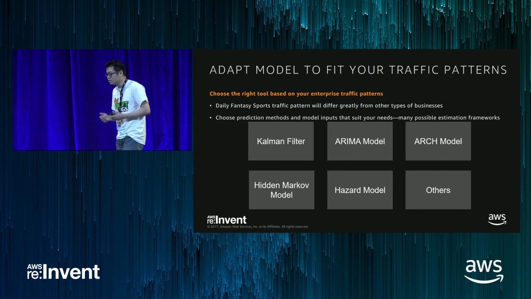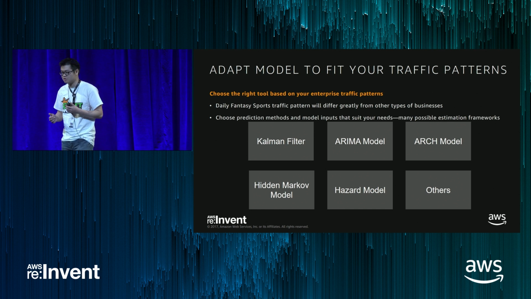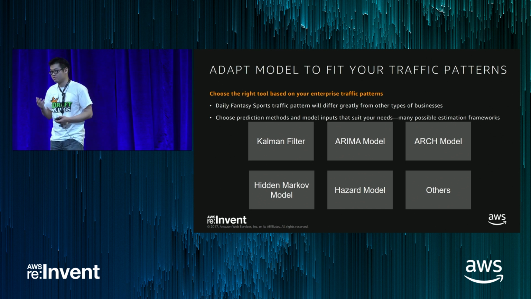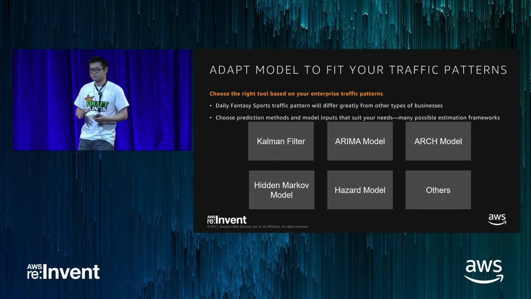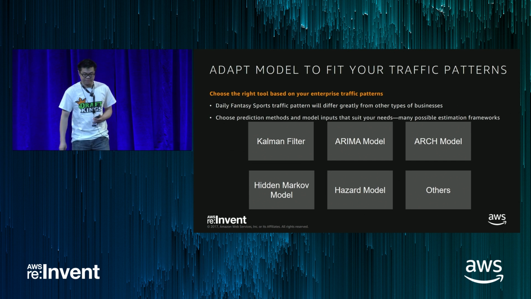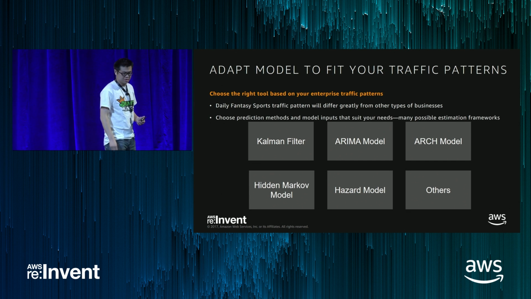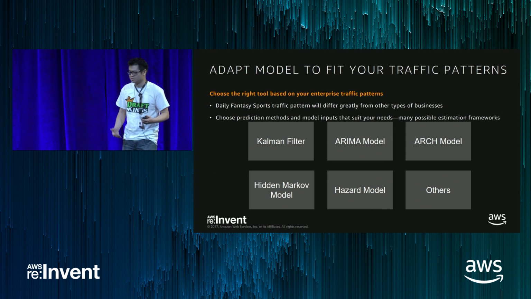Even intraday, your noon traffic versus your 3 p.m. traffic versus your 6 p.m. traffic is extremely consistent. So if that is your traffic pattern, you could use some kind of autoregressive time series model. ARIMA is very popular, and that could probably fit your traffic patterns really well.